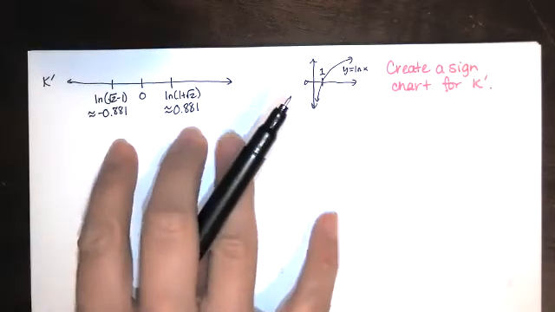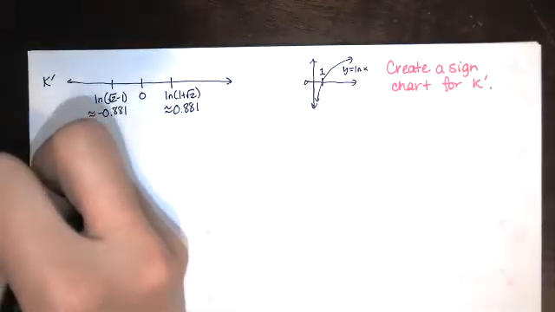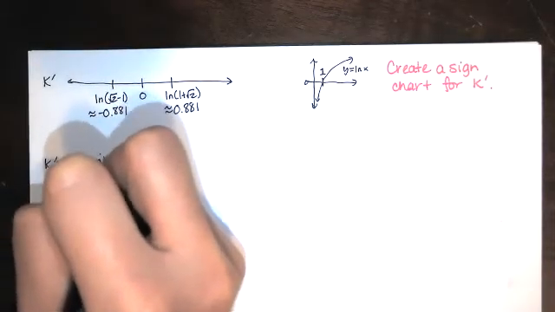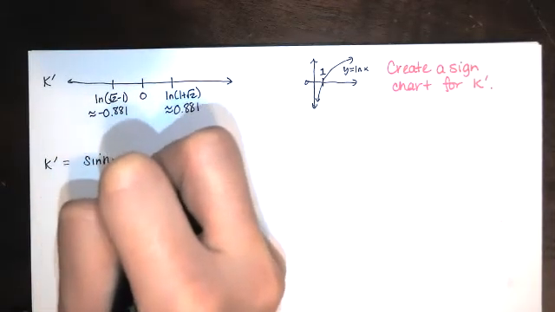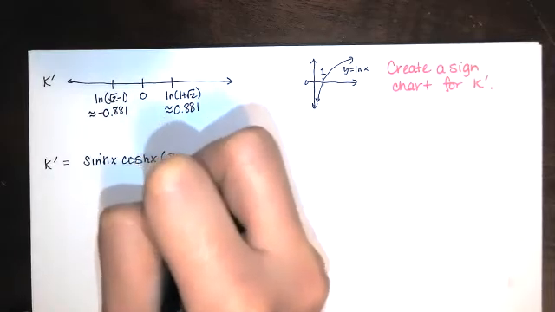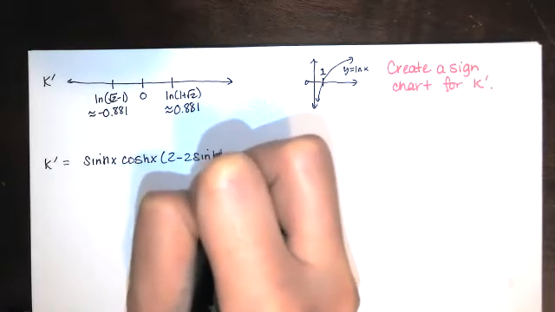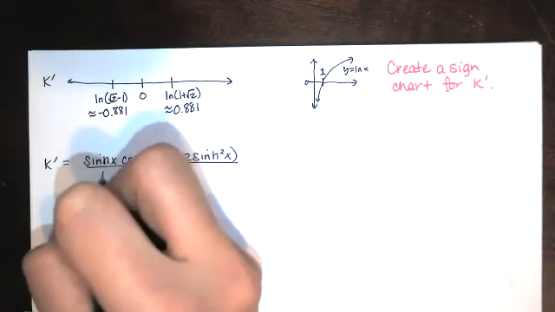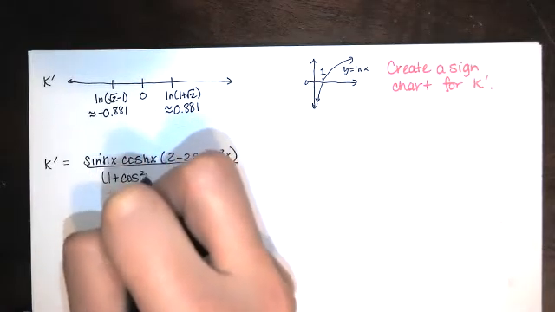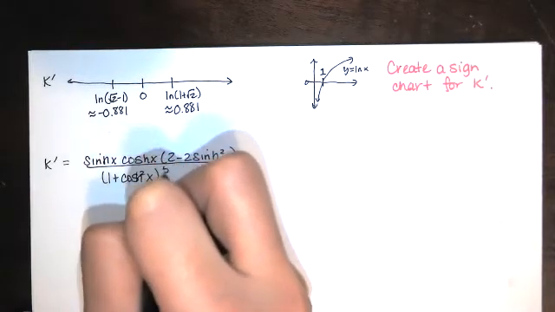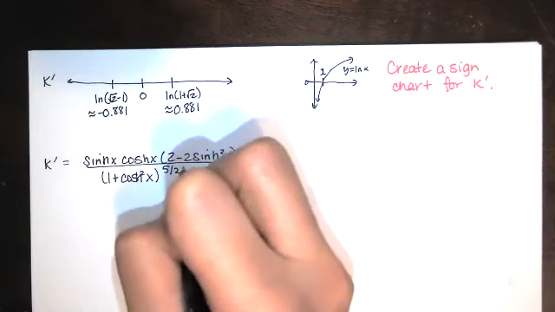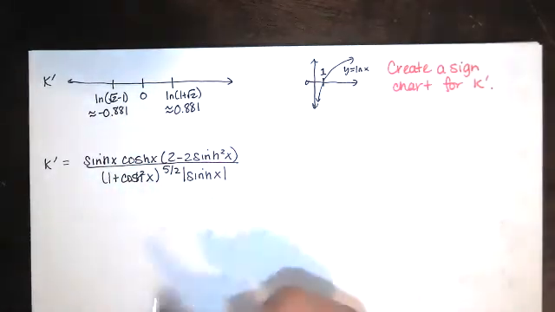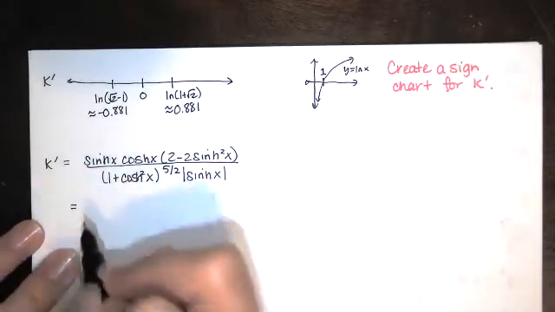Okay, so these are the critical points, and k prime was this. It was hyperbolic sine of x times hyperbolic cosine of x times 2 minus 2 times hyperbolic sine squared x, all divided by 1 plus hyperbolic cosine squared x raised to the 5/2 times the absolute value of hyperbolic sine of x. We can write it that way, or we can write it this way.